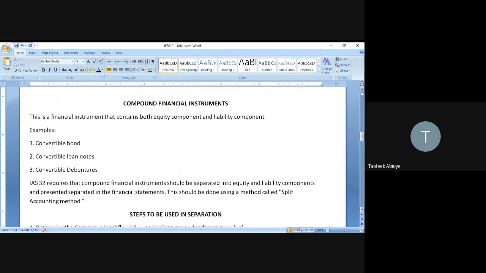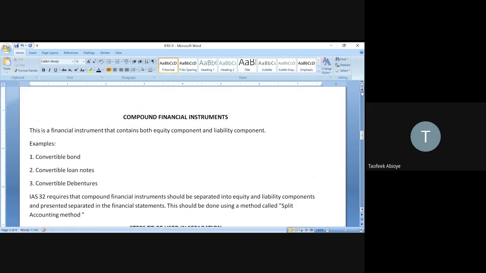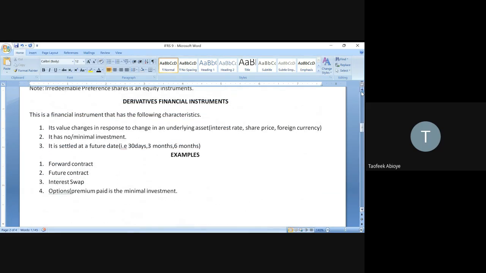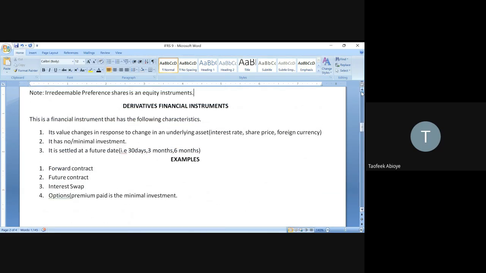Now, before we move to the first calculation, let me quickly talk about derivative financial instruments. IFRS 9 also talks about another instrument called derivative financial instruments. I thank God that most of us have done SFM.